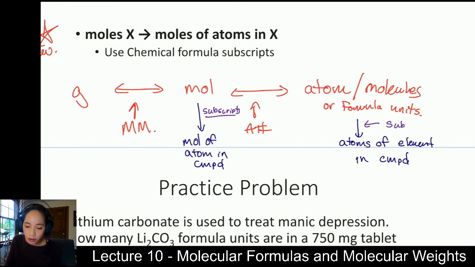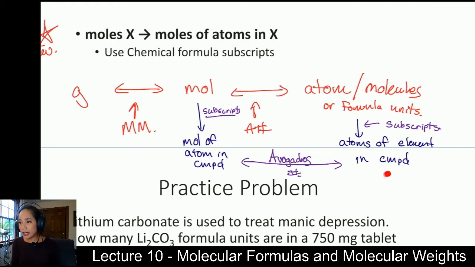And actually, these two places where we're talking about moles of an atom in a compound versus the individual atoms of the element in the compound, this is related also by Avogadro's number. So there's a multitude of ways to get to singular atoms in a compound, but you must be in the unit of moles or singular, individual molecules.